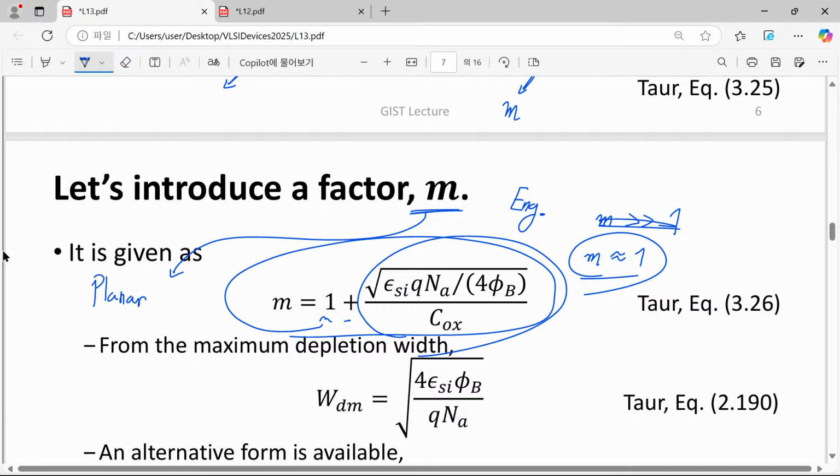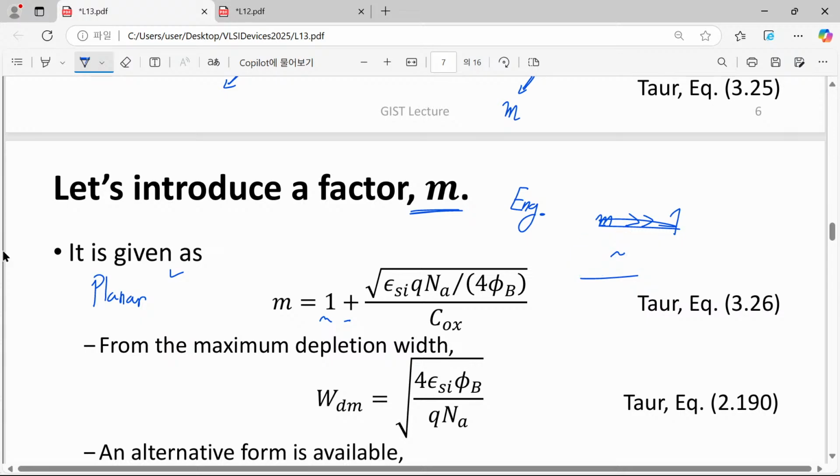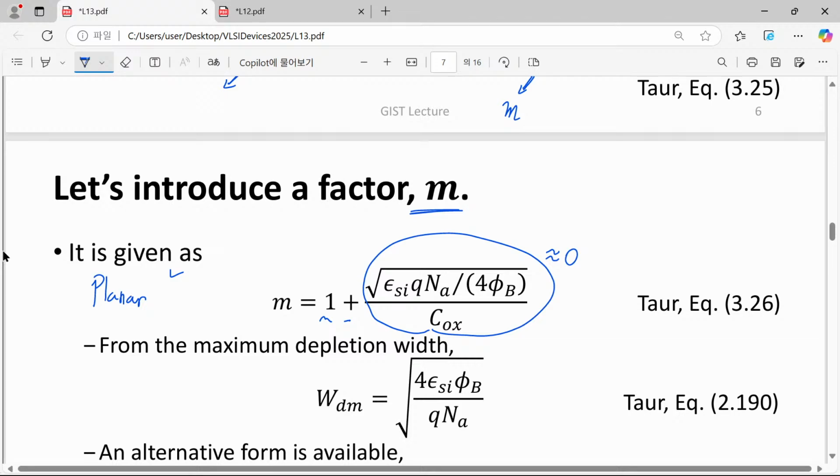Planar MOSFET has a substrate, P-type substrate in the case of NMOSFET, and N-type substrate in the case of PMOSFET. And in many cases, here you have a number, and if we wanted to make it 0, then how can you make it 0? Of course, you can increase Cox.